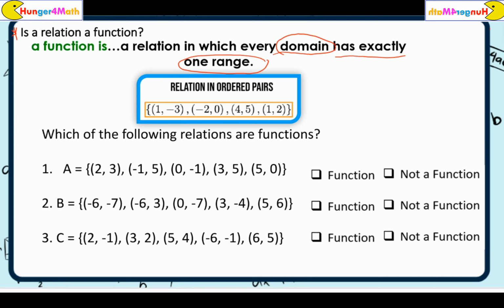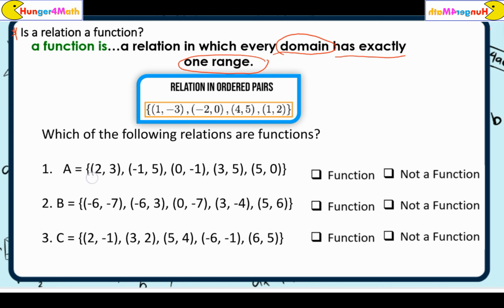So let's apply that in these given ordered pairs. Which of the following relations are functions? Number 1, we have here set A. For us to identify if the relation is a function, we have to look over all the values of x.